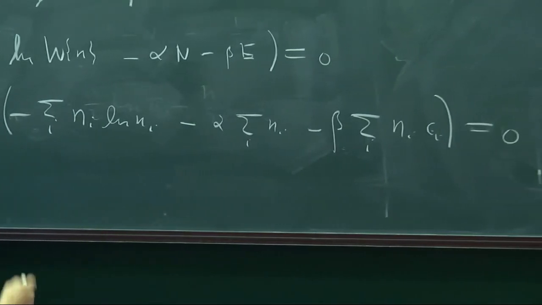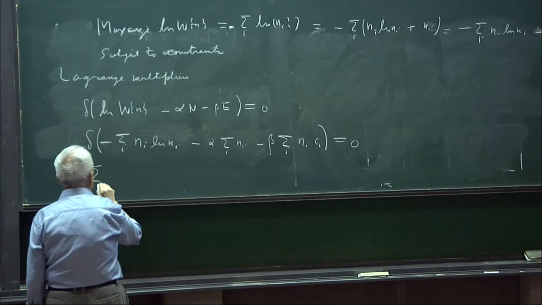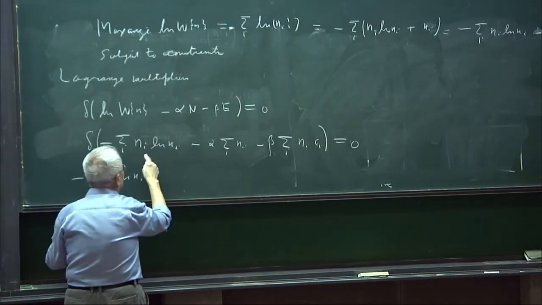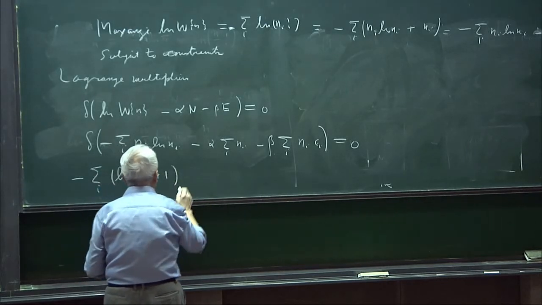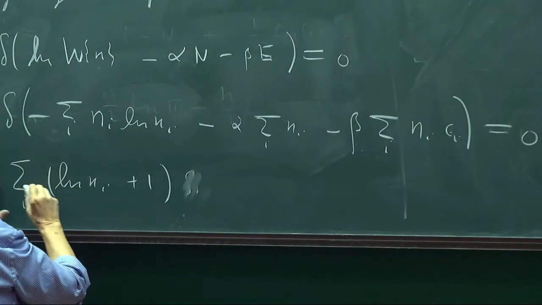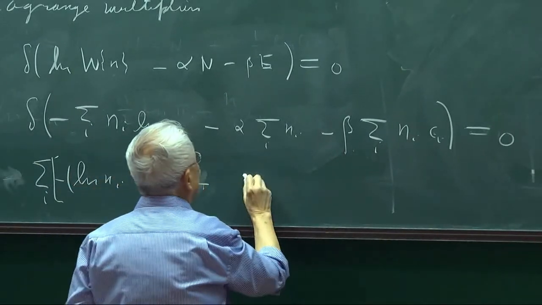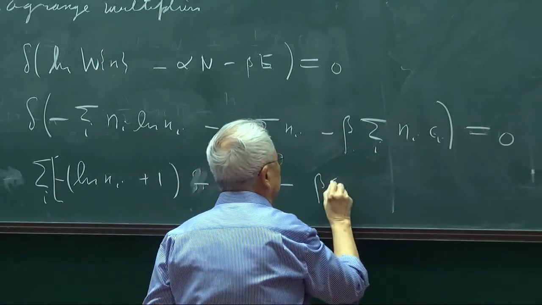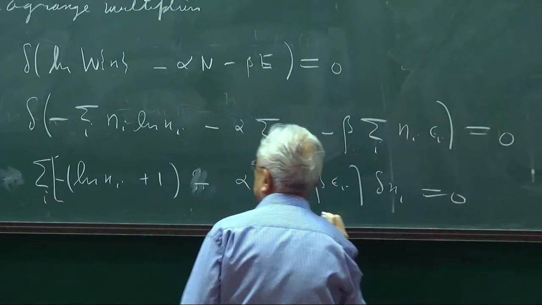So by varying this independently, I get minus the summation over i of (log N_i plus 1) times delta N_i, which I factor out, minus alpha delta N_i, minus beta epsilon_i delta N_i, is equal to 0.